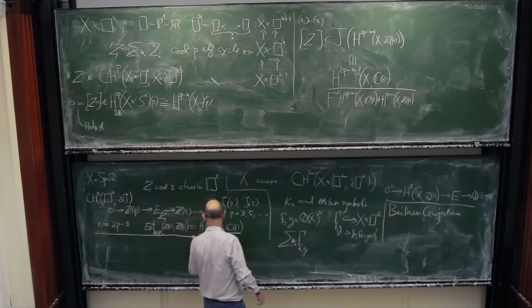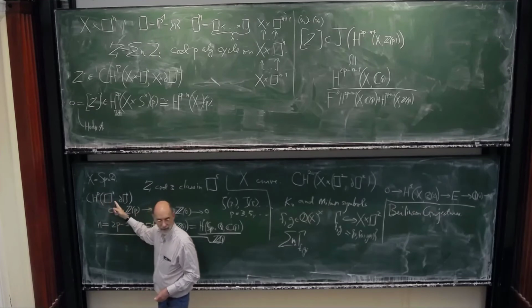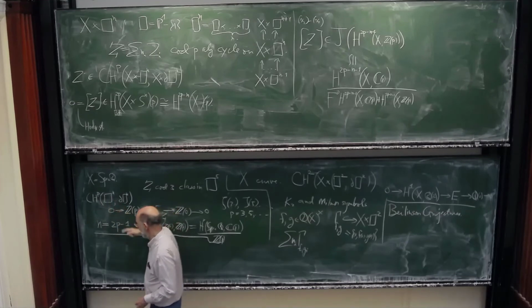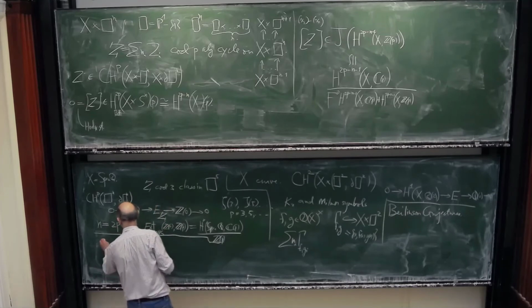I'm not going to try to explain, but let me just say there are two integers that come into play here. There's the n, which is the size of the box, and there's the p, which is the codimension of the cycle. Right? And the controlling number is 2p, well, it's better written as n minus 2p.